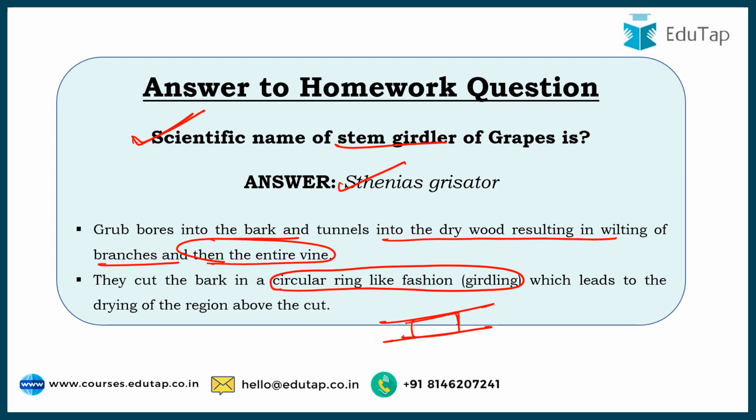They completely cut the bark, which leads to drying of the region above the cut. If this is the shoot above, the food will not be able to pass through, because of that it leads to drying, and then yield would be affected a lot.